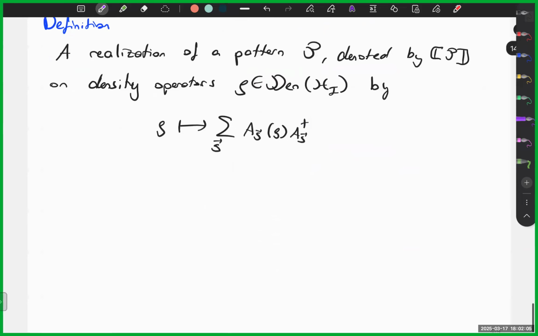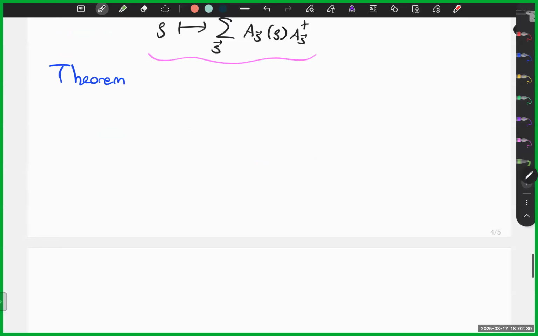But before that, I will mention one of the main theorems that I will discuss today. This is the theorem of the standard form. So basically, we are going to show that this is a channel. But before that, it will be very useful to have the standard form discussion.